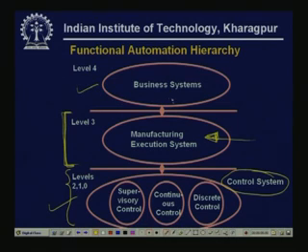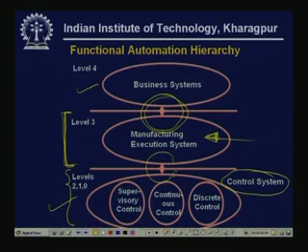So on one side they interface with the business systems and take orders, production deadlines, etc. And on the other hand, they take these targets from the business systems and translate them into engineering targets, exactly in terms of schedules of production, which machine to be used at what time.